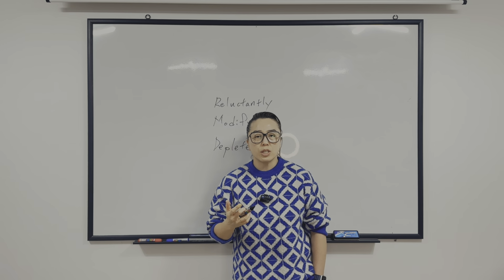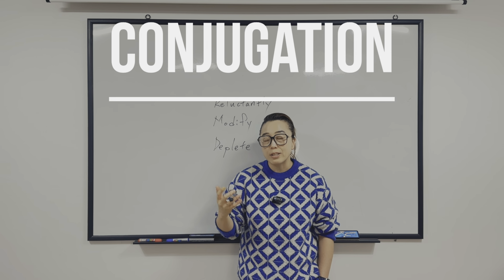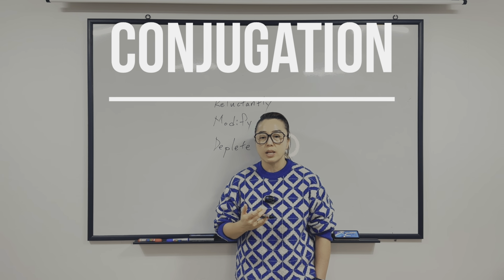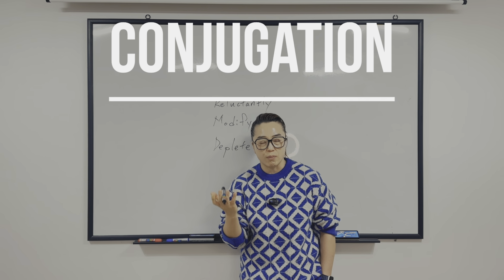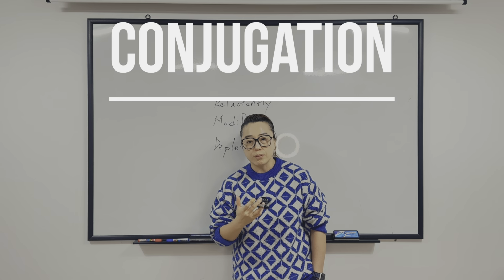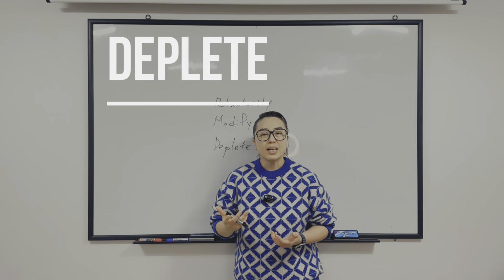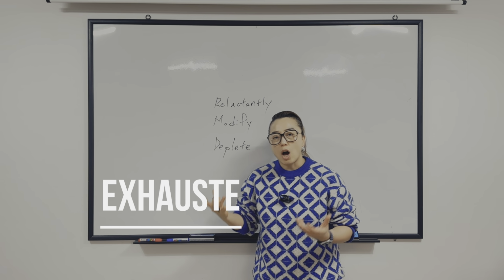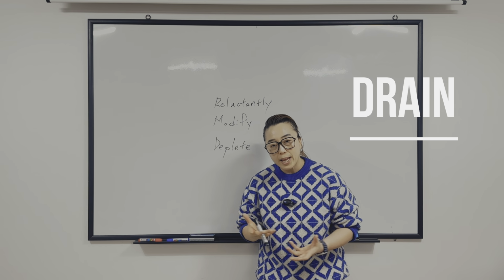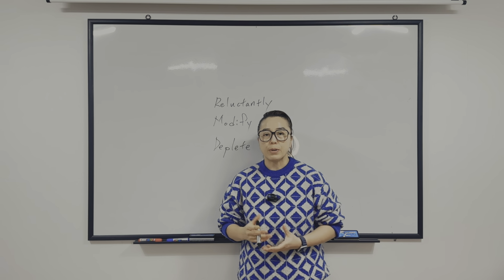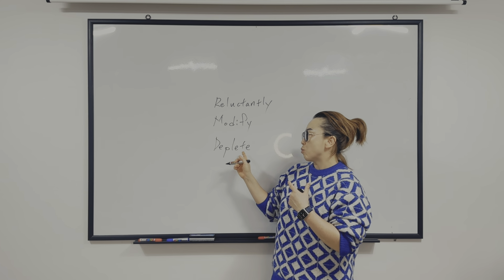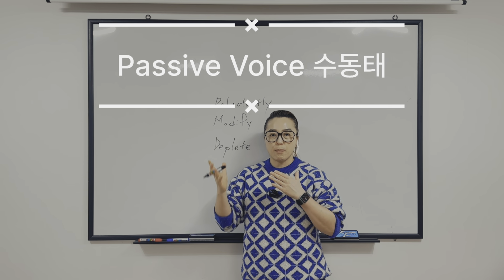Today I'm going to teach you how to conjugate the word. What's a conjugation? It's basically making the different forms of the verb. Deplete, okay? Deplete means exhaust or drain. You waste it, you use it all, right? But this word is often used in the passive voice.